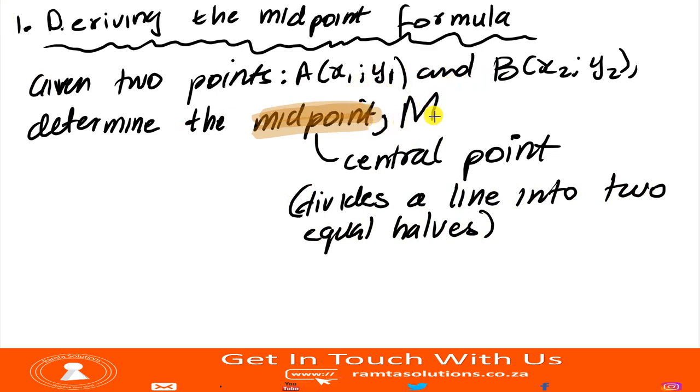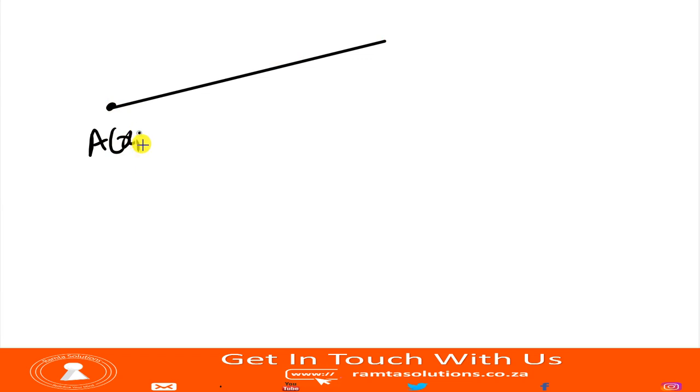It's defined as capital M. You can find a midpoint, guys, in between any line whatsoever. As long as it's a straight line, you can find a midpoint. It doesn't matter the gradient.